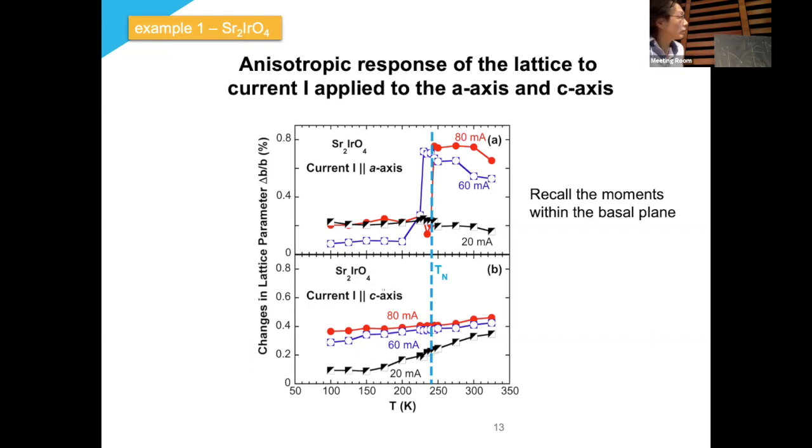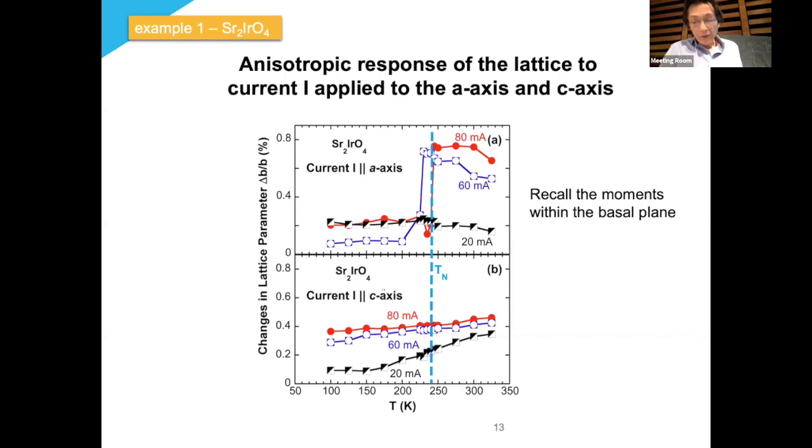When we apply current along the C-axis, there's not much going on. Recall that the magnetic moments, with some canting, are within the AB plane, so this result is reasonable. That means the current is somehow engaged with the lattice, and the lattice in turn is coupled with the moments.